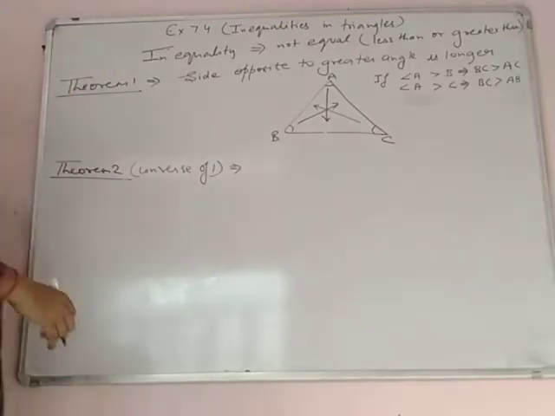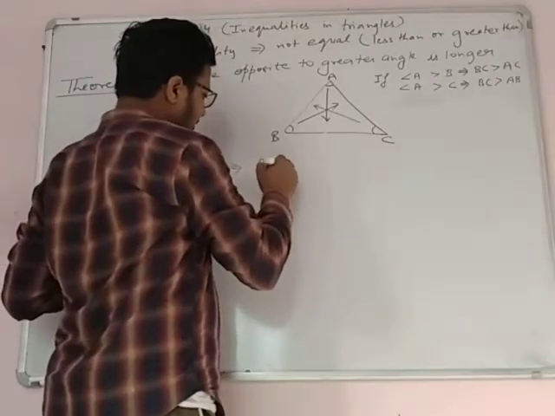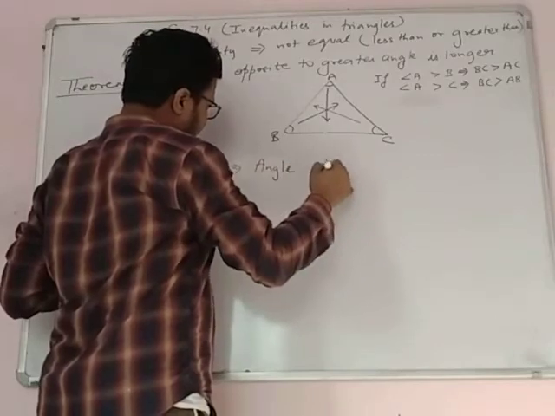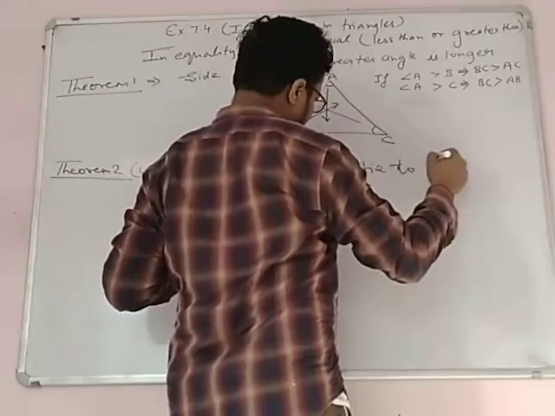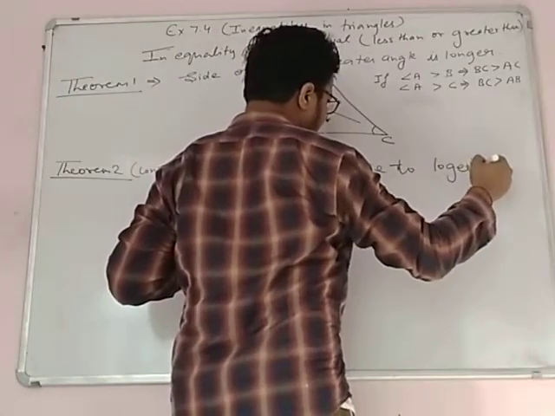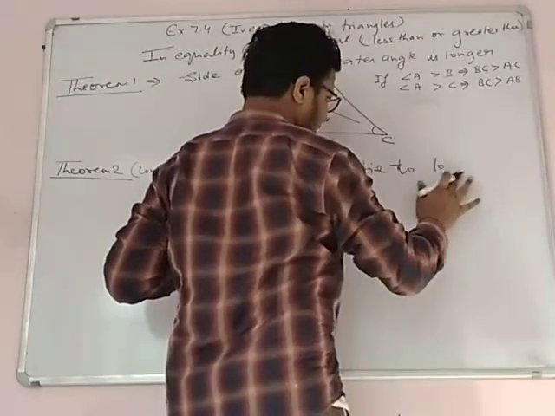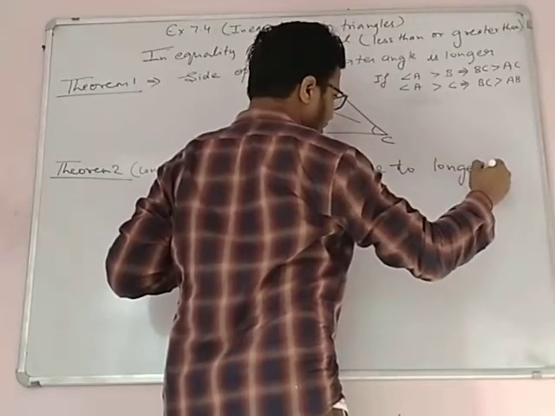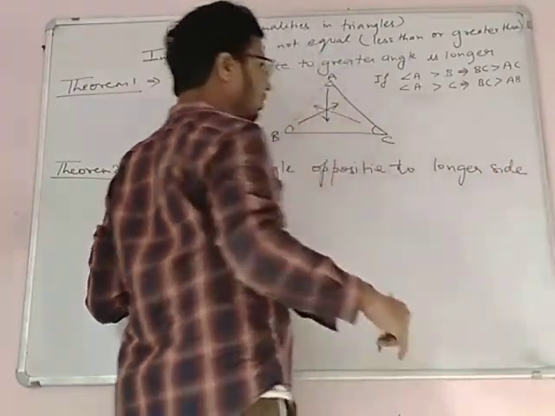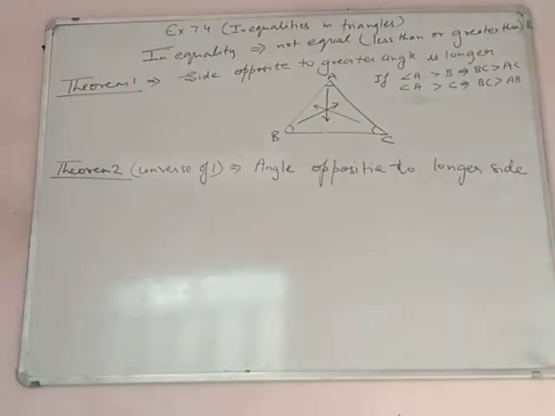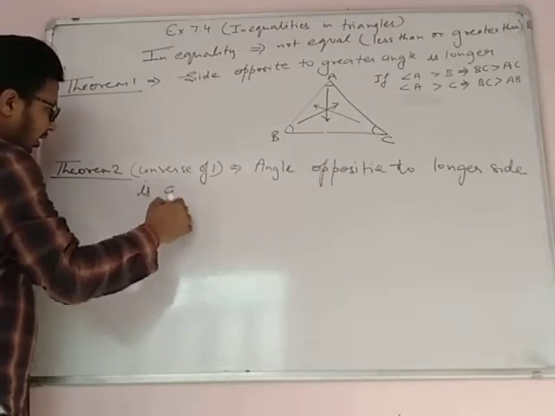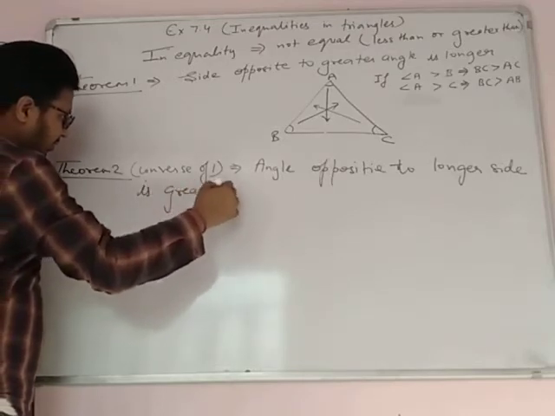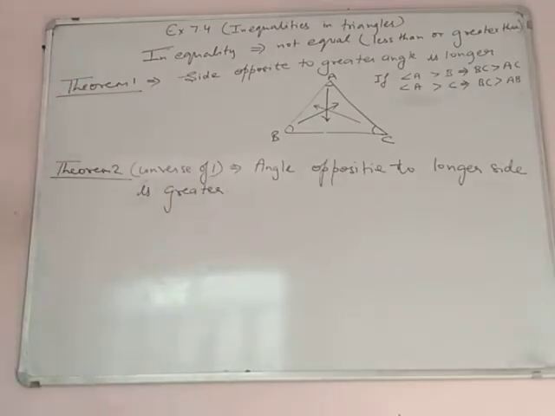First thing is: the angle opposite to the longer side is greater. The angle opposite to the longer side is greater.